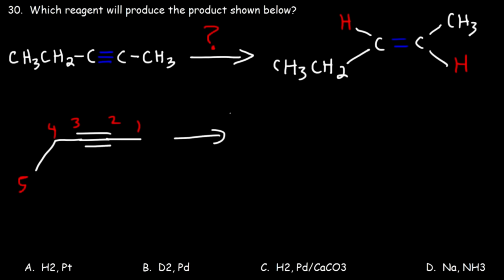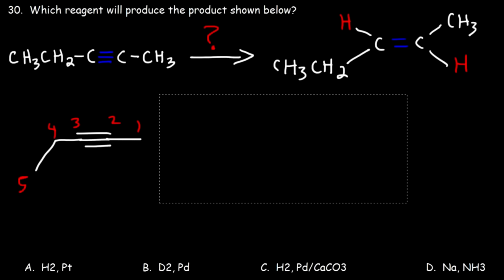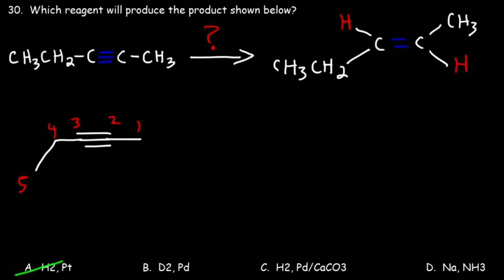Now what's going to happen if we add hydrogen gas with a platinum catalyst? This will simply convert it to a 5-carbon alkane. So we could eliminate answer choice A. Now what about answer choice B? What if we add deuterium, using a palladium catalyst? Well, this will be reduced to an alkane, but by means of the addition of deuterium atoms instead of hydrogen atoms.